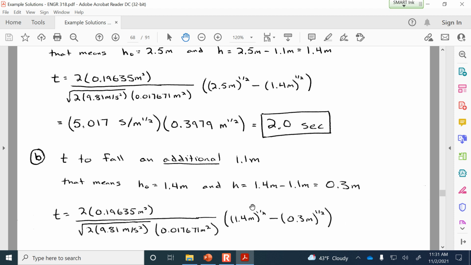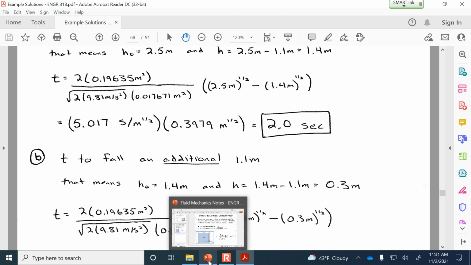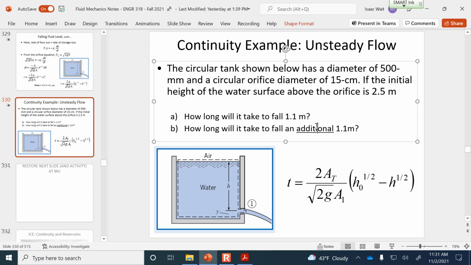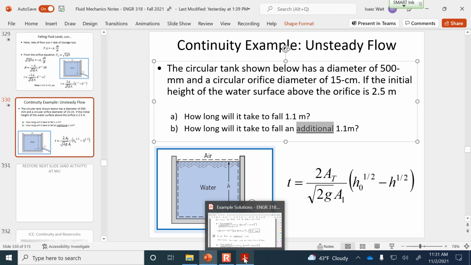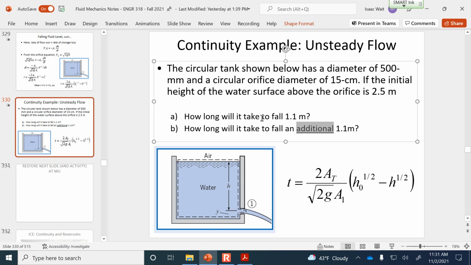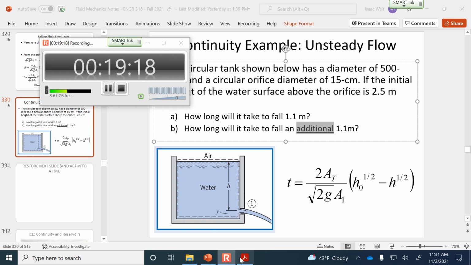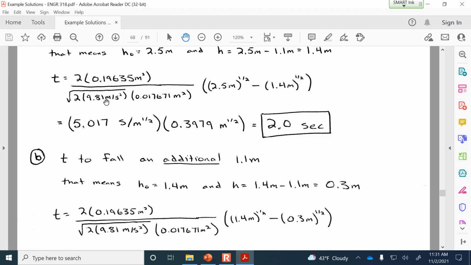So it's starting at 1.4 and finishing at 0.3. In a way, this is an English problem because I'm hoping that you'll see underlined here additional 1.1 meters. That means falling further below where it was at the end of that first increment. So if we just look at the same coefficients at the front, apply the tank area, the orifice area, g didn't change.